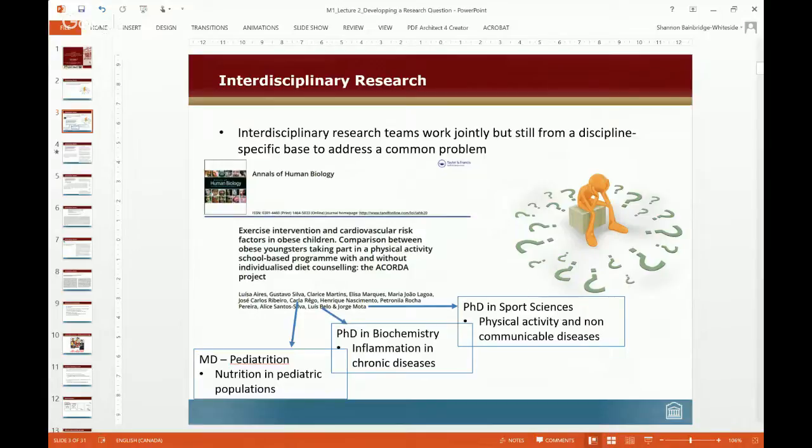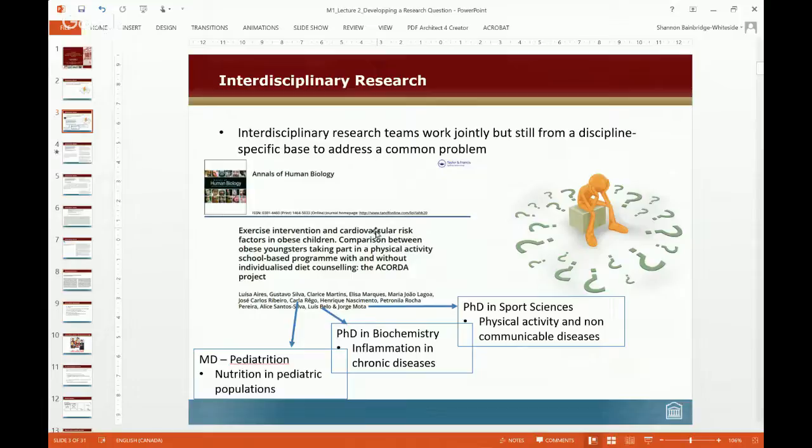But first and foremost, obviously, you're going to be reading the title of the paper. And so if we look at this example here, it looks like we're talking about an exercise intervention program and cardiovascular risk factors. So already we're looking at exercise physiology as well as intervention type studies.